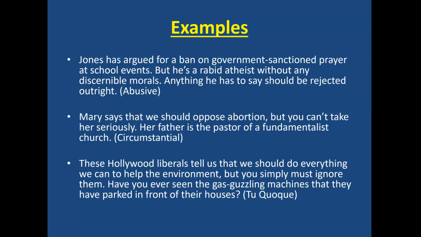That's really the nature of a textbook example. So Jones has argued for a ban on government-sanctioned prayer at school events, but he's a rabid atheist without any discernible morals. Anything he has to say should be rejected outright. So the conclusion here is just forget about what Jones has to say, right? How come? Because he's a terrible atheist.